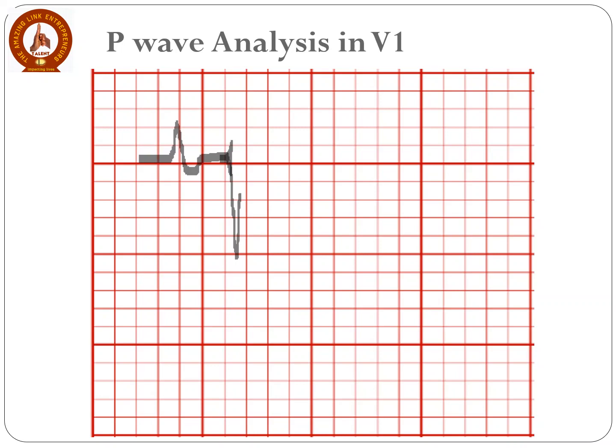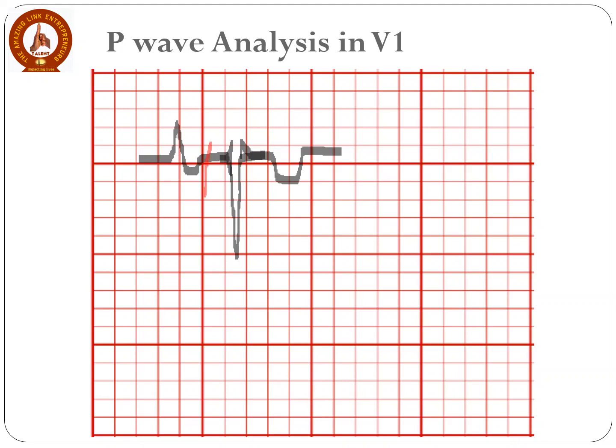This is V1. Usually V1 presents with a dominantly negative wave in its QRS complex configuration, but today we are focusing on the P waves.